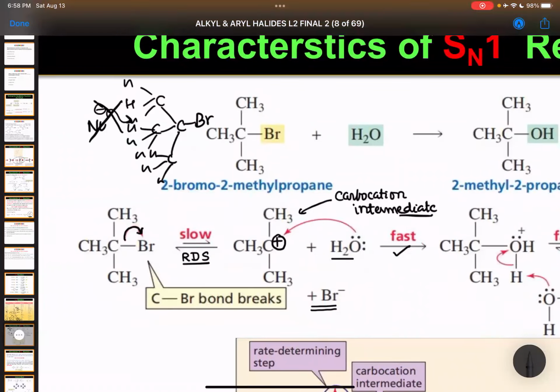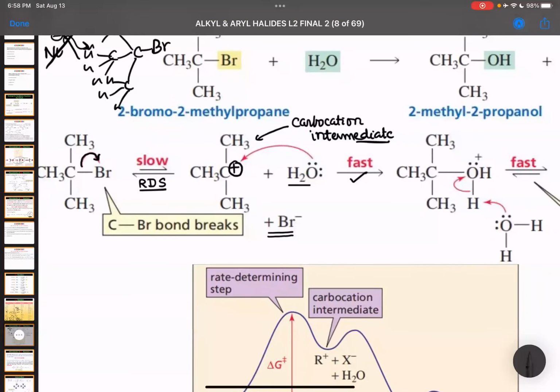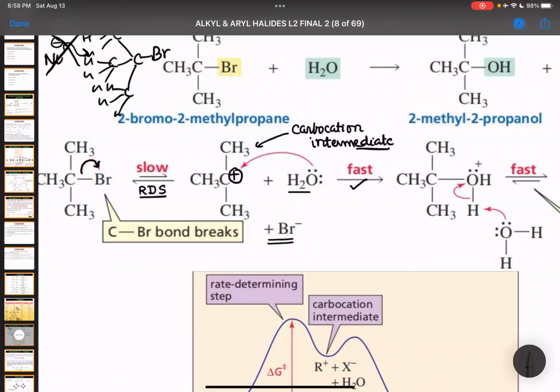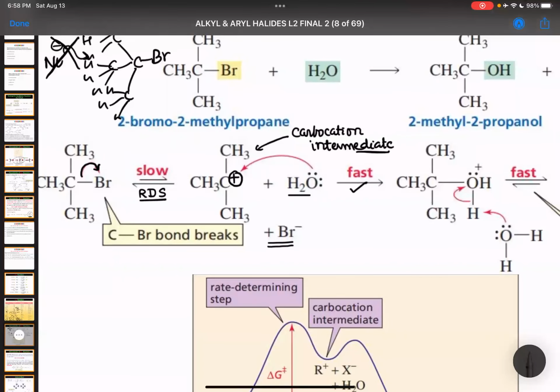Mohammed, would you like to add something? Now we will not think of that bulk, because first of all, there are only 3 groups present. And another thing is that after the departure of the leaving group, this carbon has acquired a plus charge.